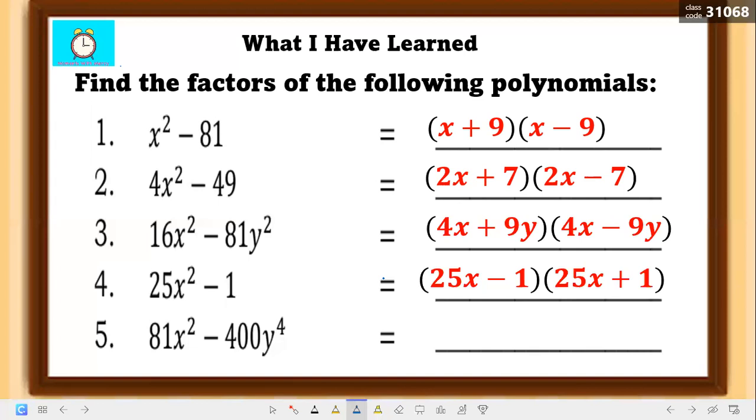9x plus 20y squared. Tapos, may nadugtong. Then ano po, yung 9 plus 20y squared. Take note of that, no? Be careful. Yung may kulang siya, ano yung kulang? Negative.